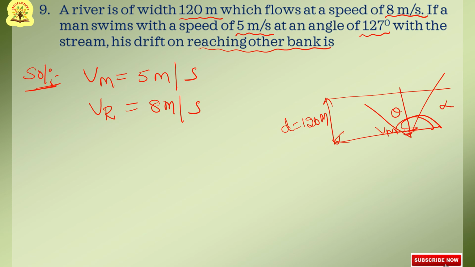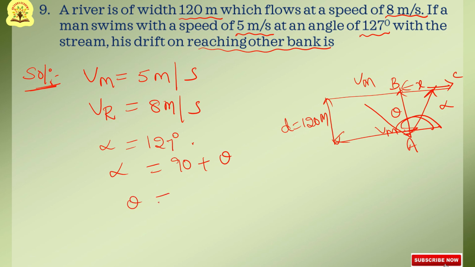The drift of the boat from here to here, we assume it as x. Suppose this is point A, this is point B and this is point C. Alpha is equal to 127 degrees, as given. From the diagram, alpha is equal to 90 plus theta.